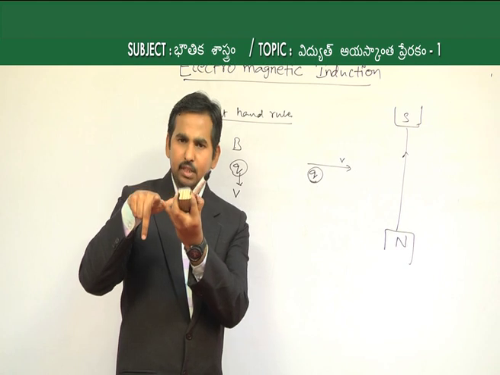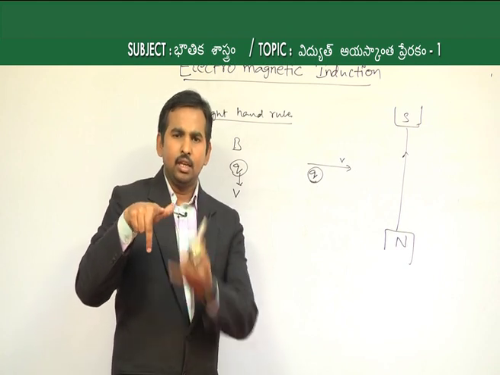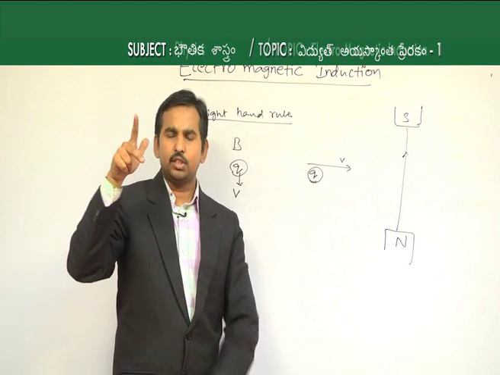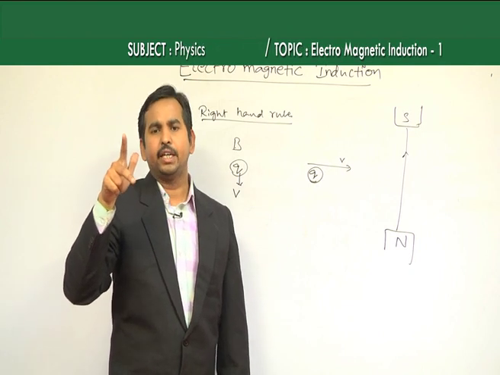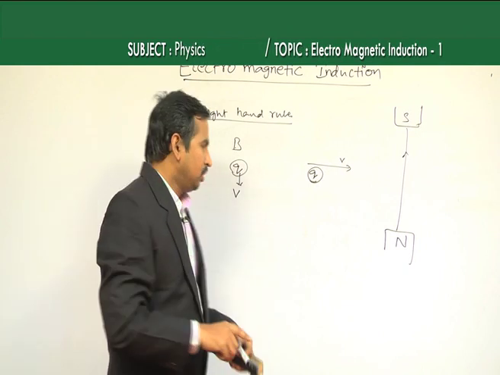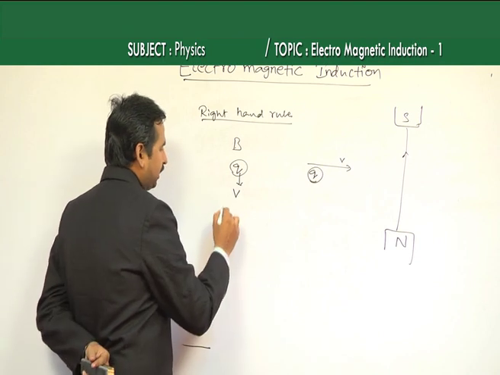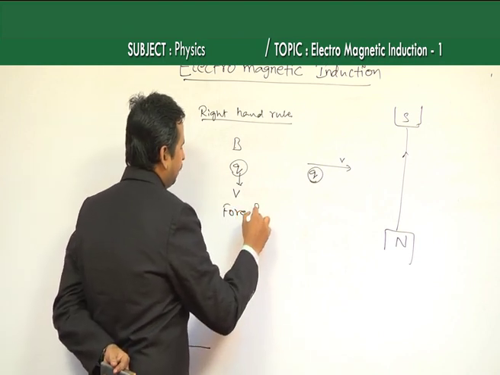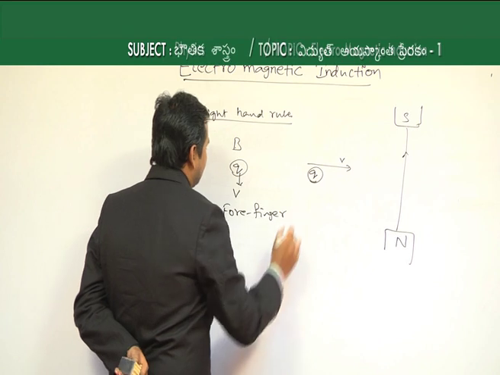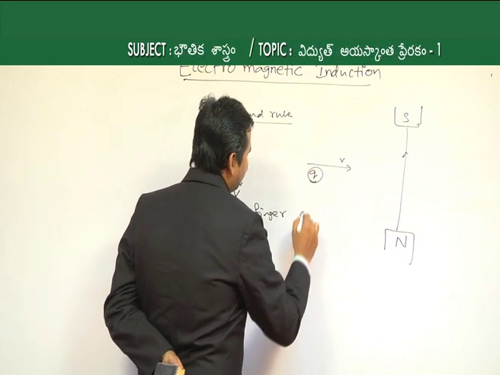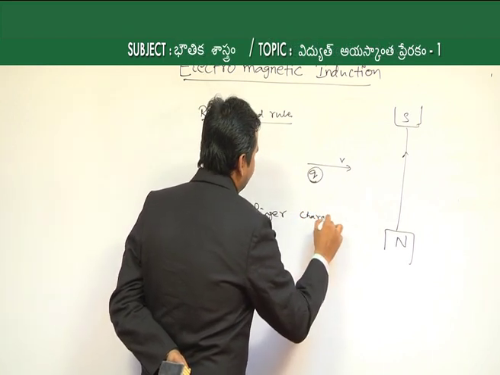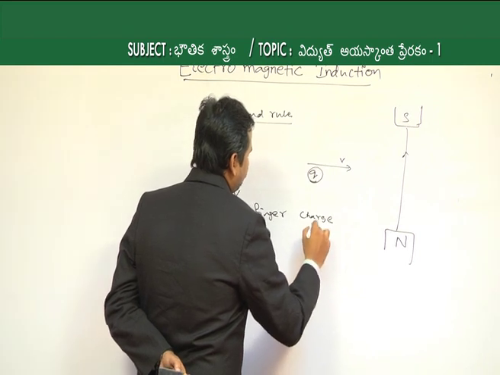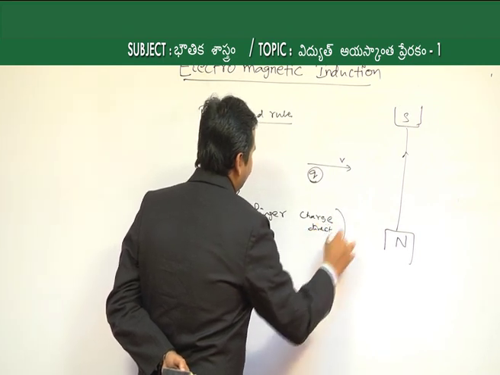The forefinger represents the direction of the current, whereas the middle finger represents the direction of the magnetic field strength. So always the forefinger, the pointed finger, represents the direction of the current or the charge, in which direction it is going.